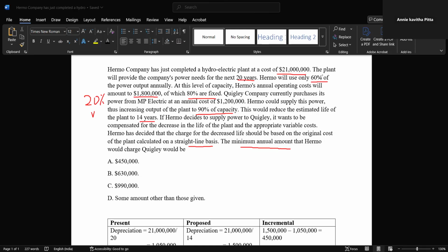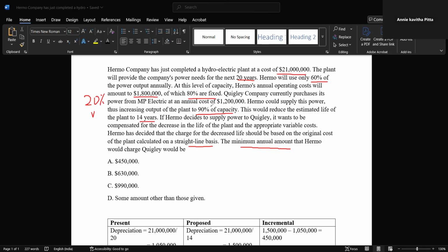See, there are some changes that are anticipated. Now, at present, they are operating at 60% capacity, for which the annual operating costs incurred are 1,800,000. But after the change, Quigley Company currently purchases it at a cost of 1,200,000. If this change happens, the capacity at which they would be operating would increase to 90%.